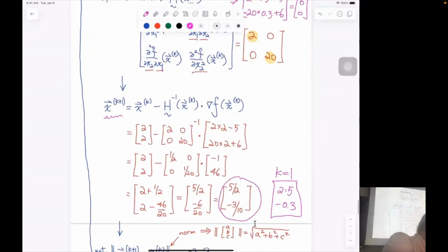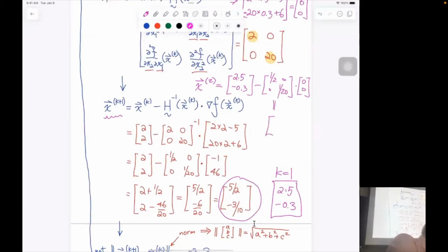So when you plug in Newton's method in the second round, the x2 equals the x1, which was 2.5, negative 0.3, minus the inverse of the Hessian, 1 over 2 and 1 over 20, dot product with the gradient, which now is 0, 0. So at the end, of course, is the same value.